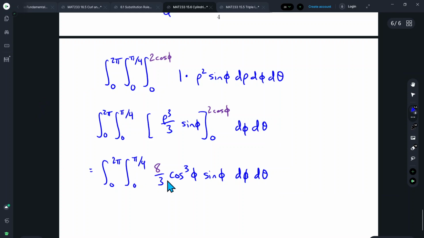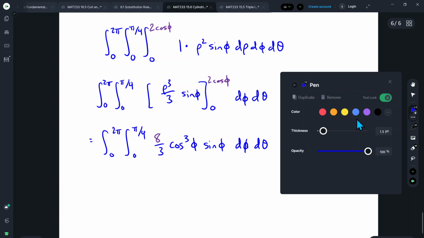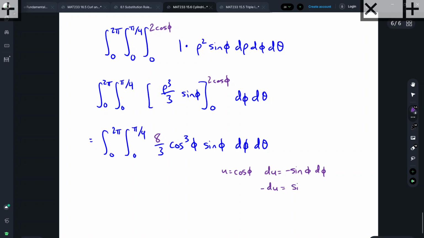Okay, so now we have to integrate this. This can be done with a u substitution, right? I'll let u equal cosine phi, so that du is minus sine phi d phi. Bring the minus sign over, you get minus du equals sine phi d phi. So this becomes 8/3 u cubed, and the sine phi d phi becomes minus du.